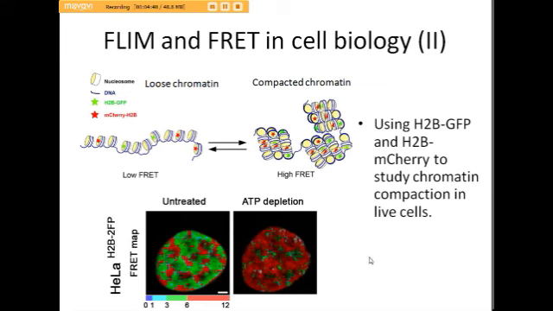After establishing GFP and mCherry as a valid FRET pair, we could use FRET to study chromatin compaction.